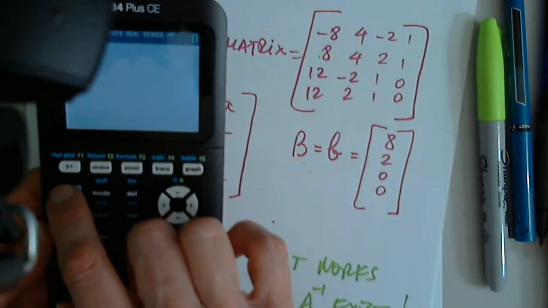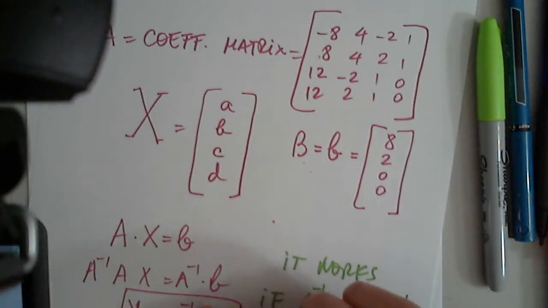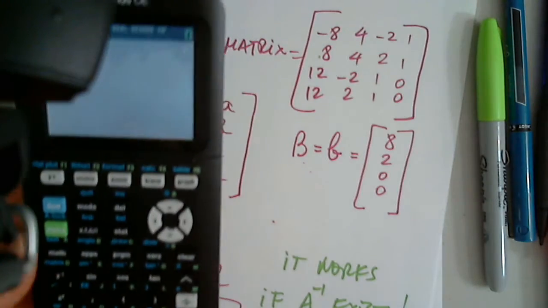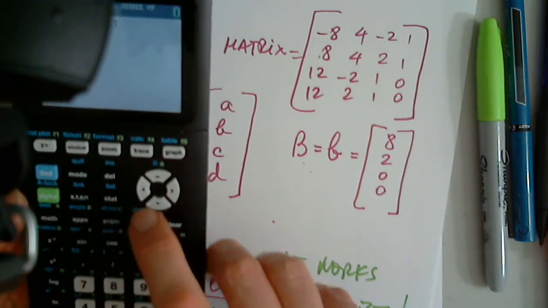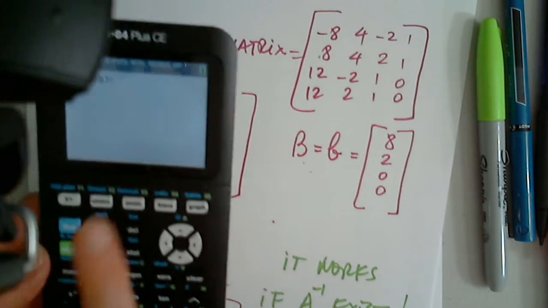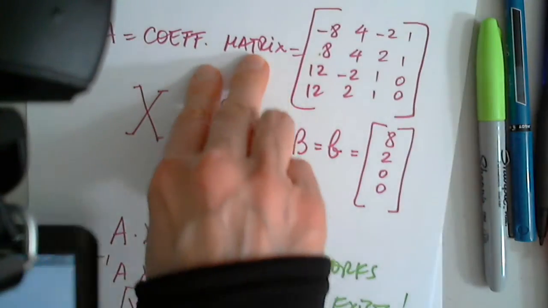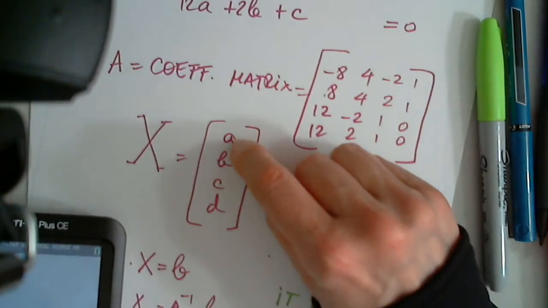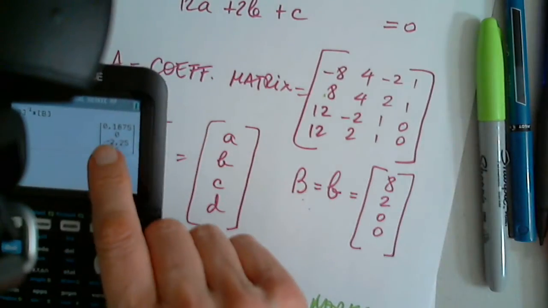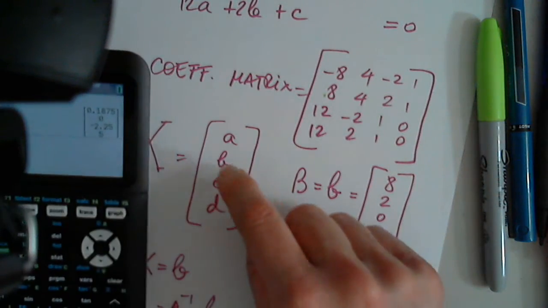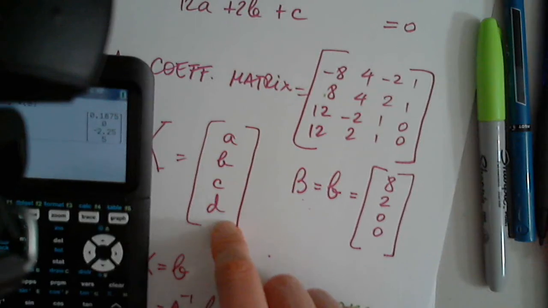So now I call matrix A, I put power negative 1 on it, right here, and I multiply by calling matrix B. That's it. A inverse times B will give me a column matrix, A, B, C, and D. Enter. A is 0.1875, B is 0, C is negative 2.25, and D is 5.